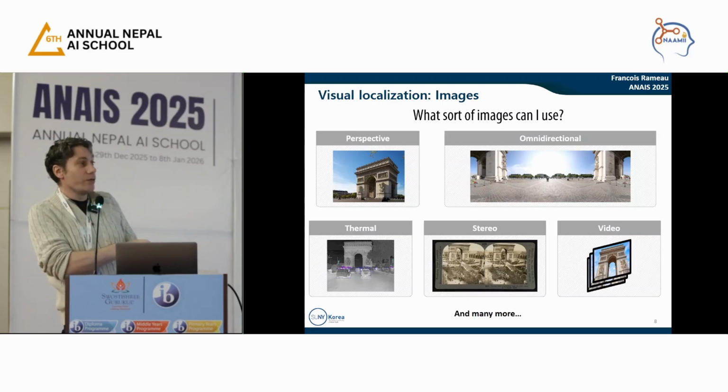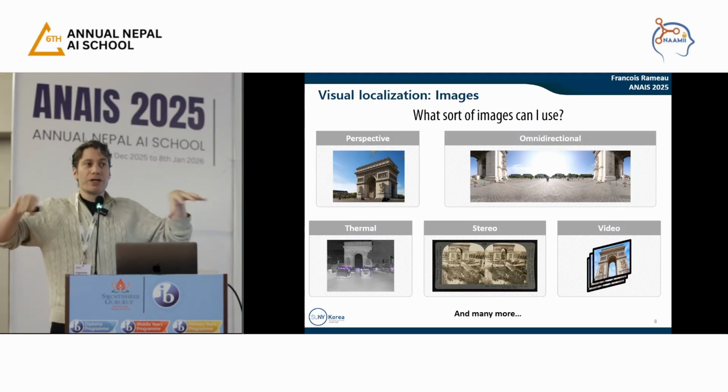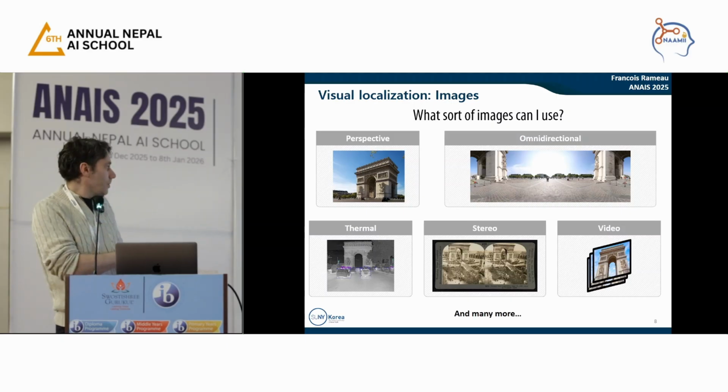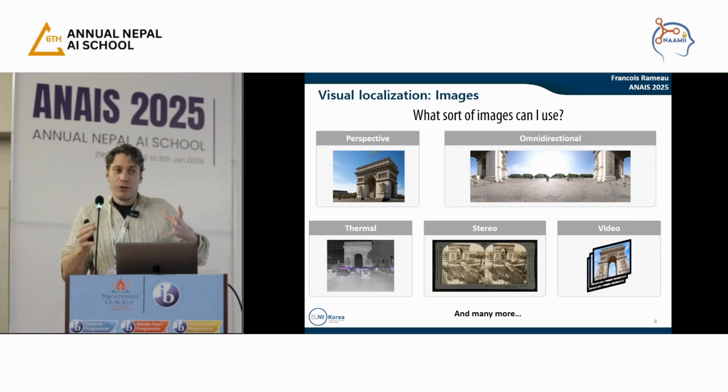You can get those kinds of images using some catadioptric system or multiple cameras, whatever you want, okay? If you want to localize yourself during the night, you can use a thermal camera. You can have some prior information about the depth using a stereo system, or you can even use chunks of videos, which will be richer in information instead of just using one image.